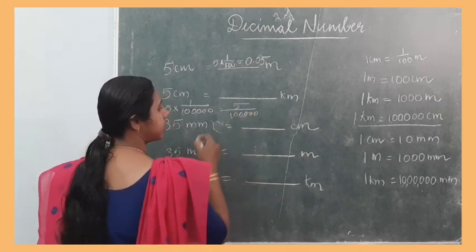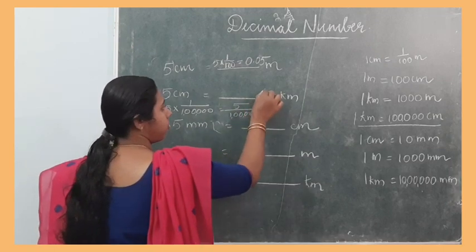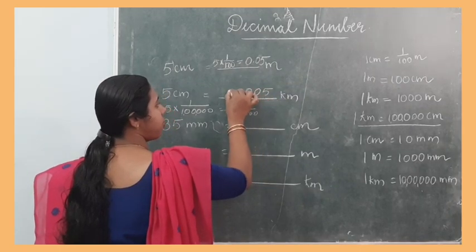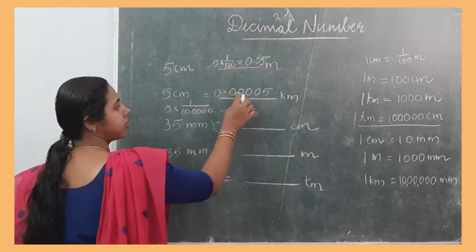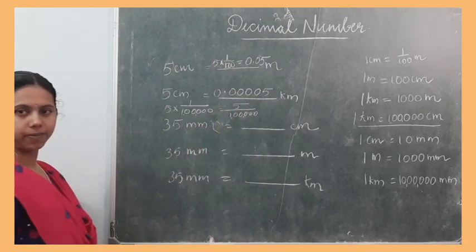How many zeros are in the denominator? There are 5 zeros, so 5 decimal places: 1, 2, 3, 4, 5. So 0.00005 kilometer.